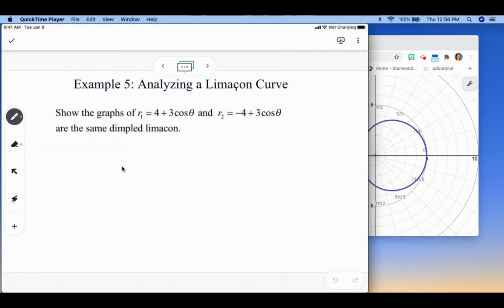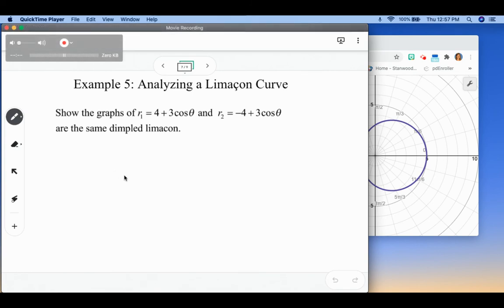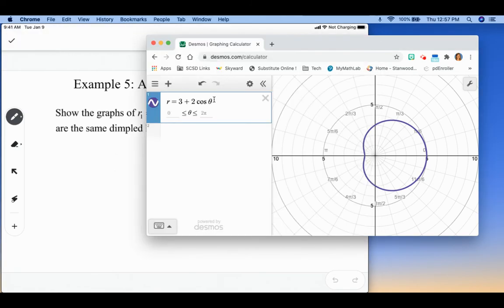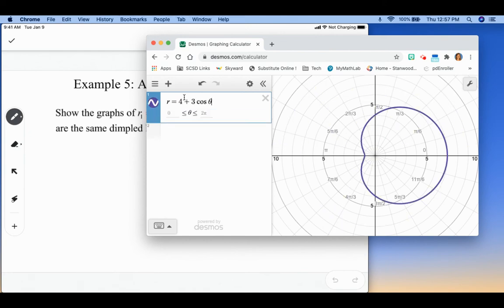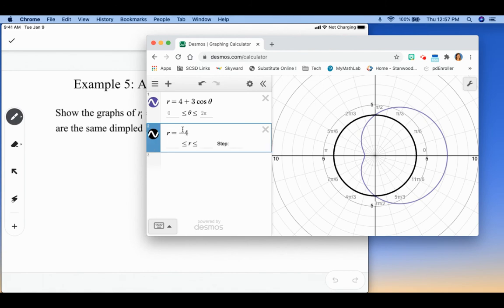This says, show that the graphs of r1 equals 4 plus 3 cosine of theta and r2 equals negative 4 plus 3 cosine of theta are the same dimpled limaçon. So we are going to type in, again, you're not doing this by hand, you're just typing this into Desmos, r equals 4 plus 3 cosine of theta, and then we can type in r equals negative 4 plus 3 cosine of theta.